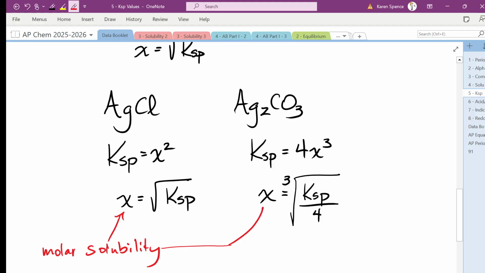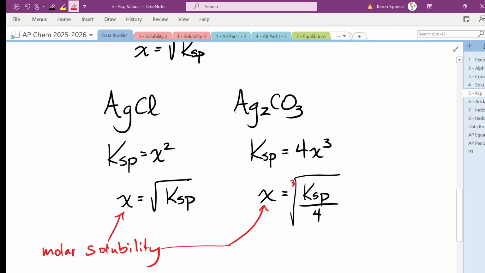That cube looks like it should be x cubed equals, so I'm going to move that over a little bit. And if you're not calculating it the same way, you can't just say, if KSP is bigger, it's going to be more soluble. You would actually have to solve for x and compare the solubilities. Does that make sense? Okay.